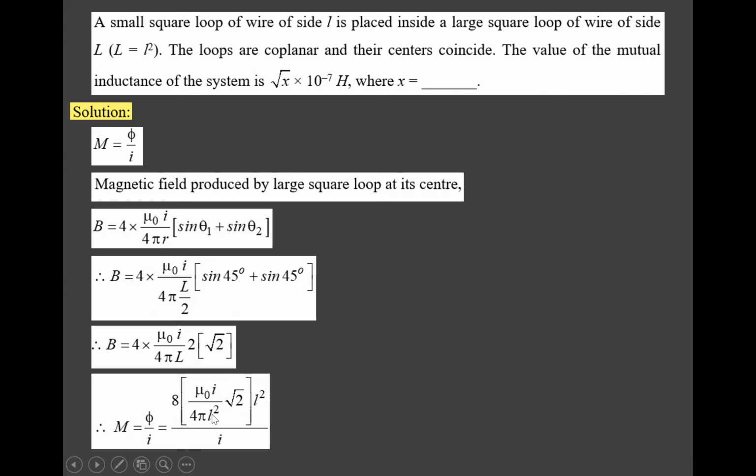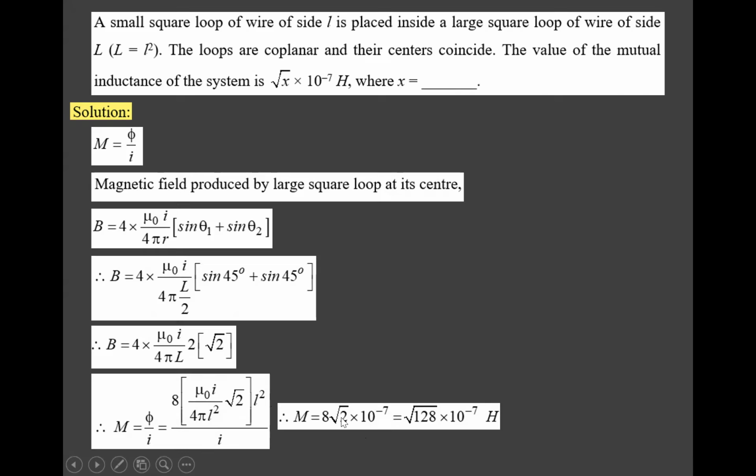So it is substituted, and the area of the small loop is l square upon I. Now l square cancels, I cancels, and mu 0 upon 4 pi we can substitute as 10 raised to minus 7. So our answer of mutual inductance is 8 root 2 into 10 raised to minus 7.